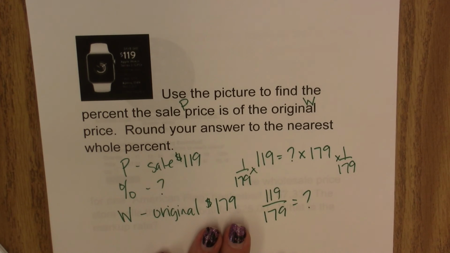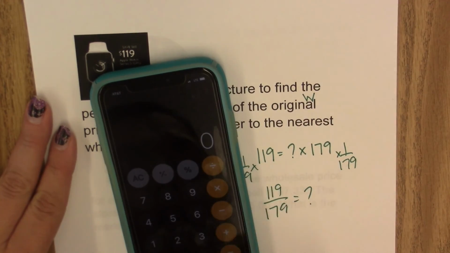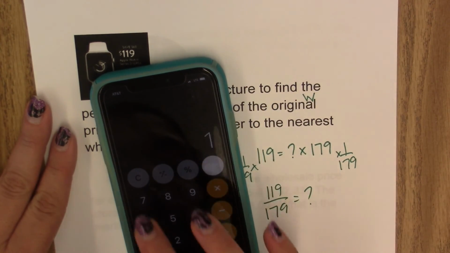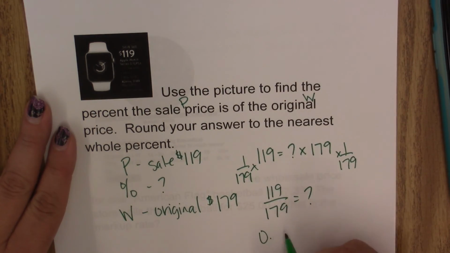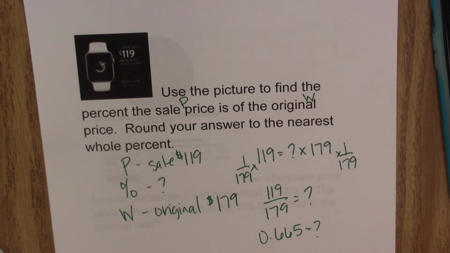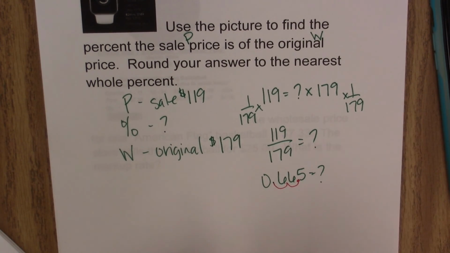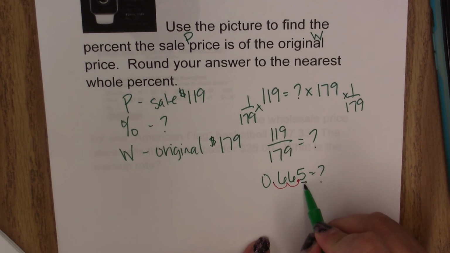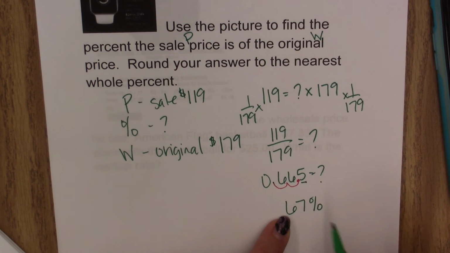Get my calculator pulled up here. So we're going to do 119 divided by 179, and we get 0.665. I'm going to round that up. So then we're going to change this to a percent. We move our decimal place over 2 places, and it says to round to the nearest whole percent. So this 5 is going to make this round up, so we're going to end up with 67%. So our sale price, you're paying 67% of the original price.